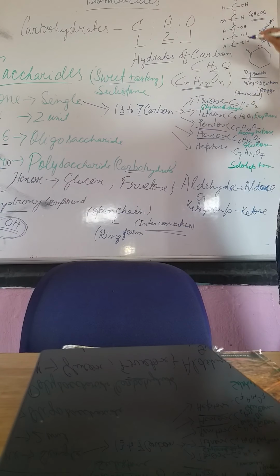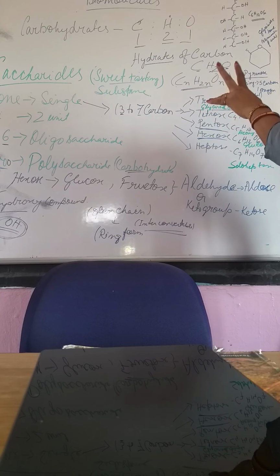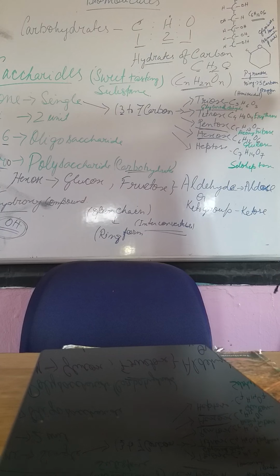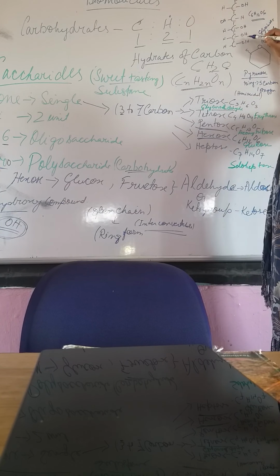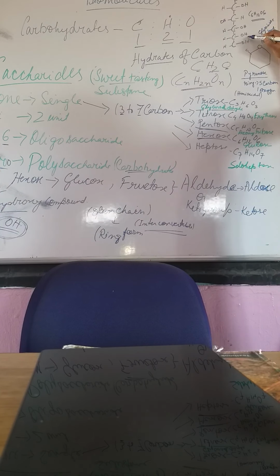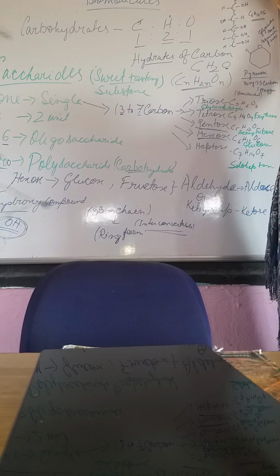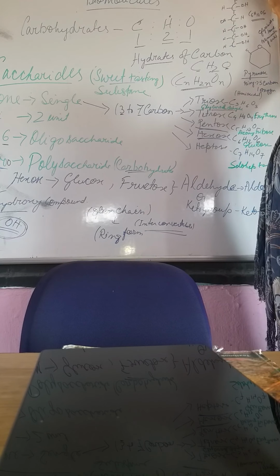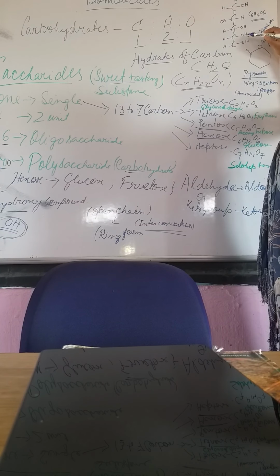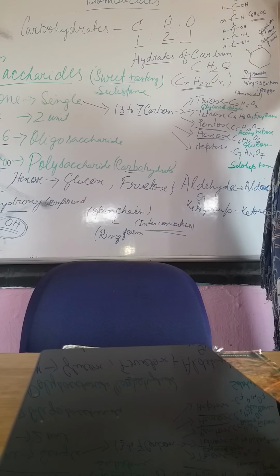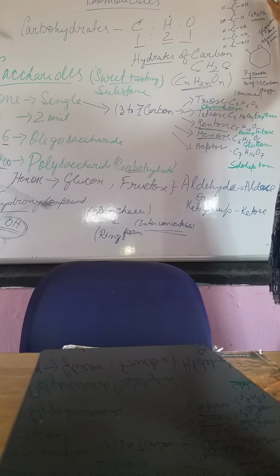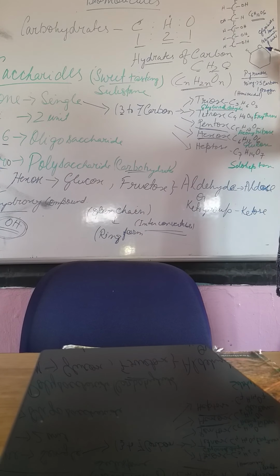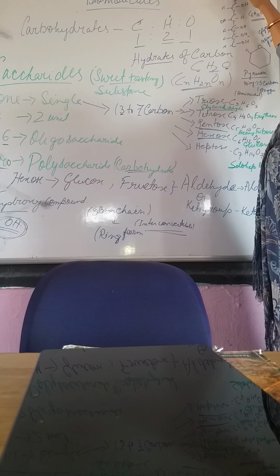Now this is an open chain. When it gets into the ring structure, it is interchangeable. What happens to it? The fifth position carbon and the terminal O form a bond, and H2O is eliminated.